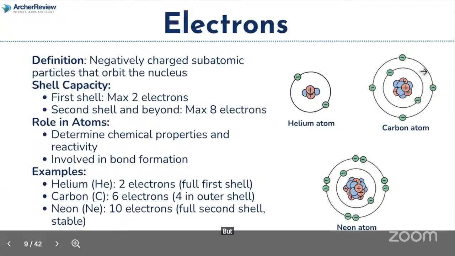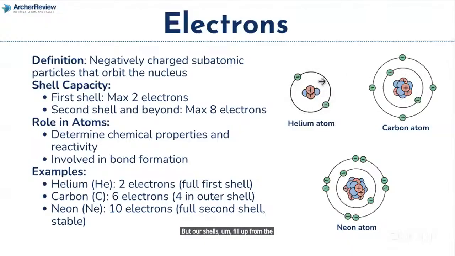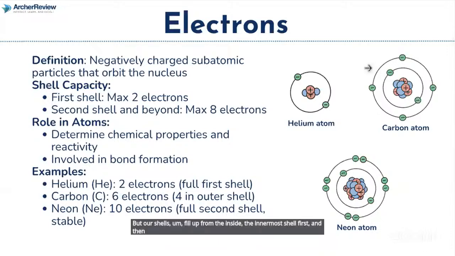But our shells fill up from the innermost shell first, and then fill the shells moving outwards. For helium, it only has one shell. That innermost shell is full. It can only hold 2 electrons. No matter what atom you're looking at, that innermost shell can only hold 2 electrons.